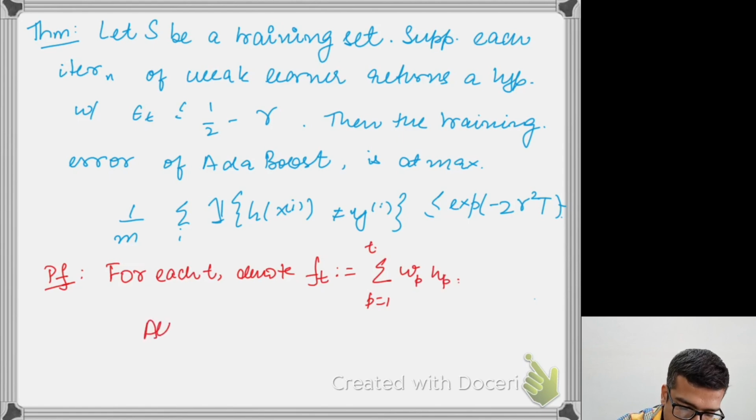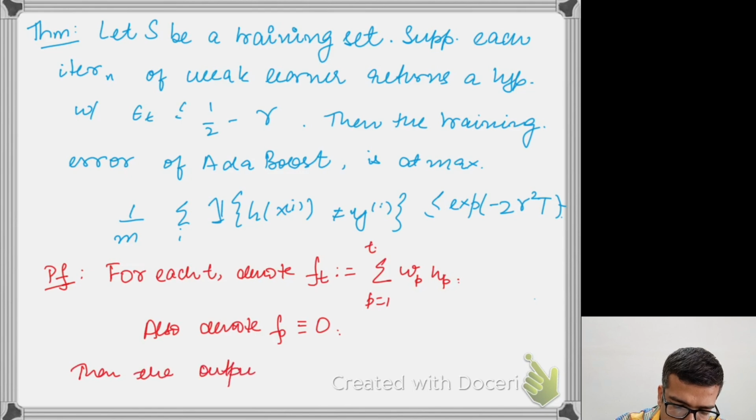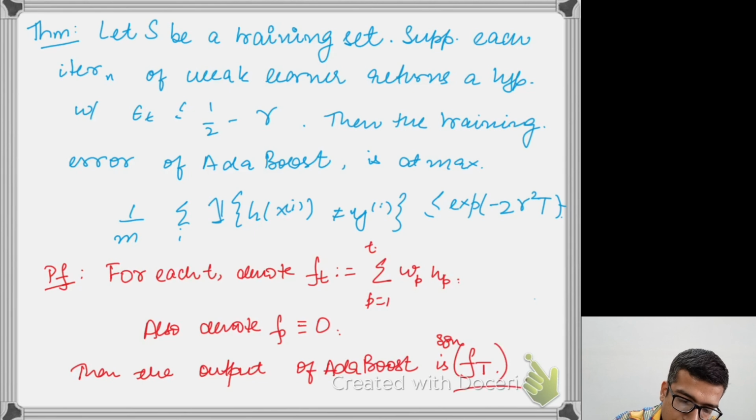Also denote f_0 as identically 0. The output of AdaBoost is the sign of f of capital T, because we need to produce a valid hypothesis which gives plus minus 1 values.